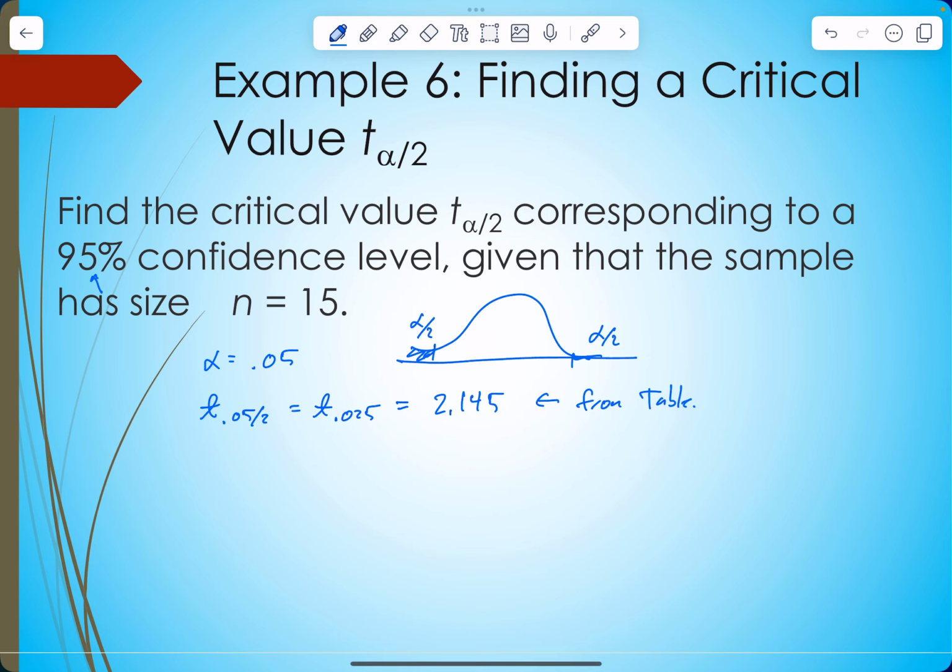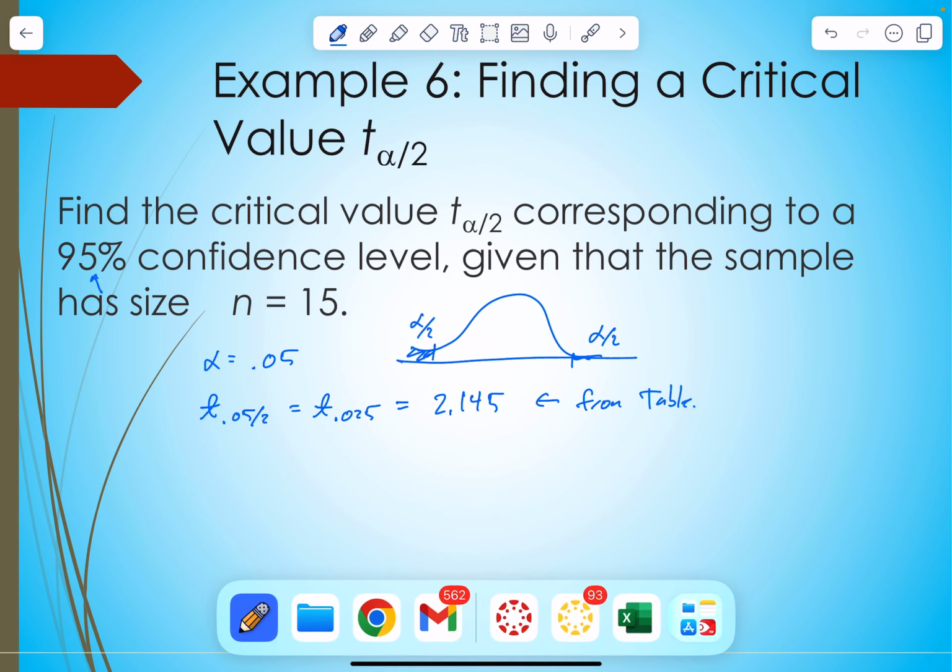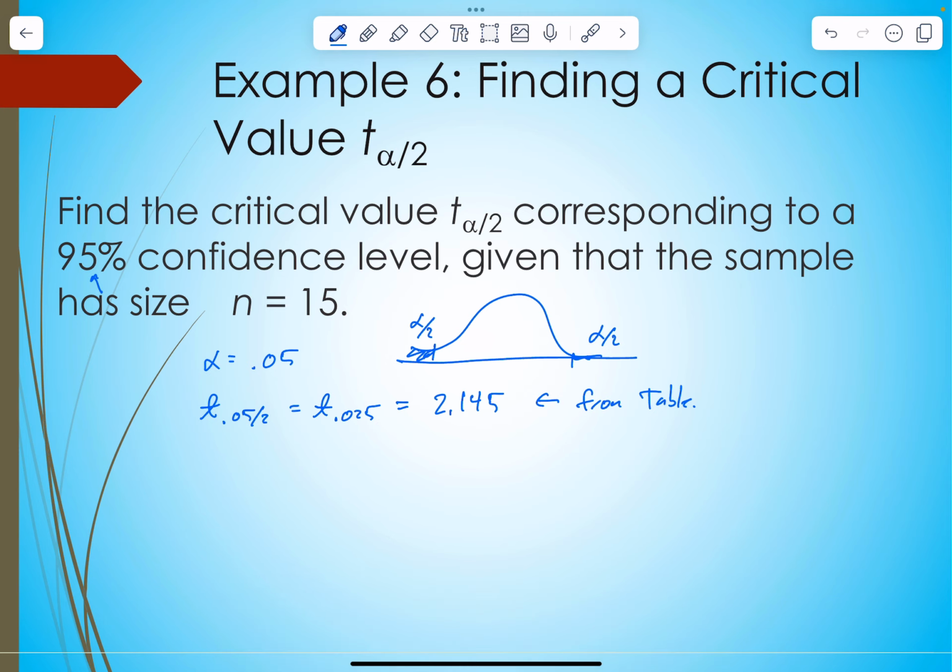So I go back and notice that it is very, very close. Now it gave me a negative number because it gives me area to the left. But because it's symmetric, I just make it positive.